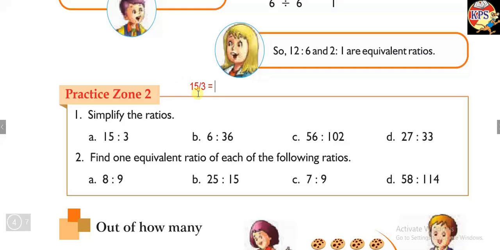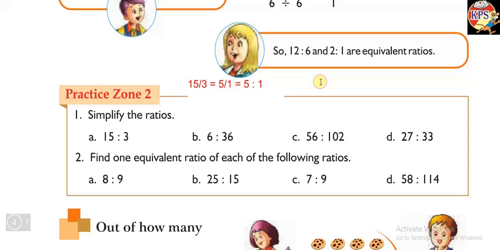So 5 will be here and 1 will be here, so we can write 5/1, because 3 ones are 3 means 1 is left here and 3 fives are 15 means 5 is left here. This is the fraction form 5/1, and now we have to convert it into a ratio, so we write 5:1. This is how you can solve these questions.